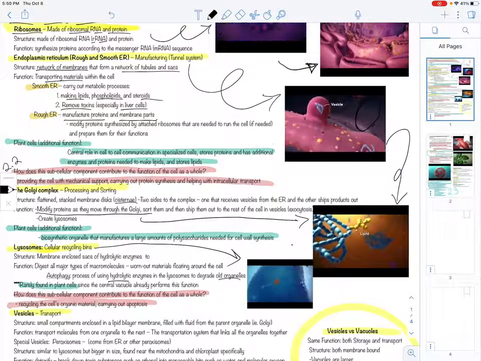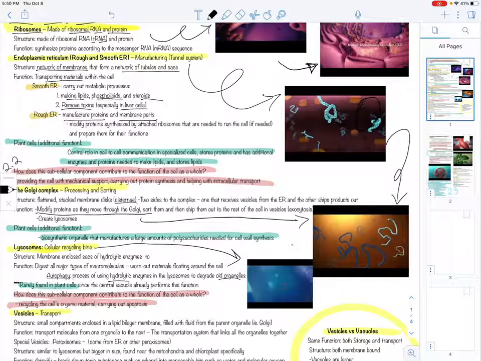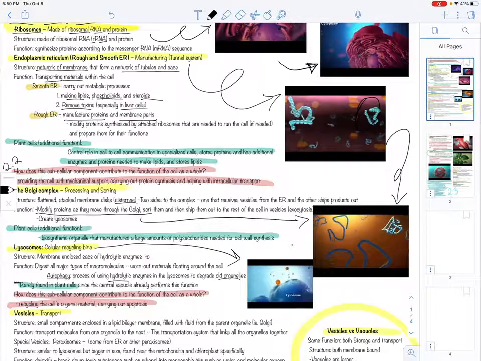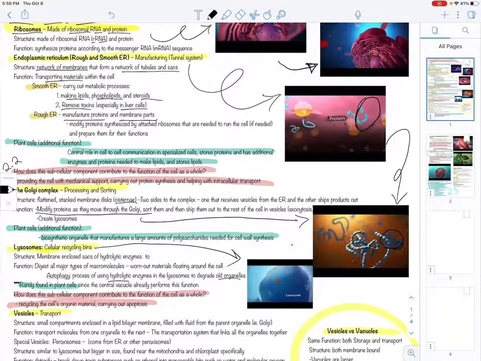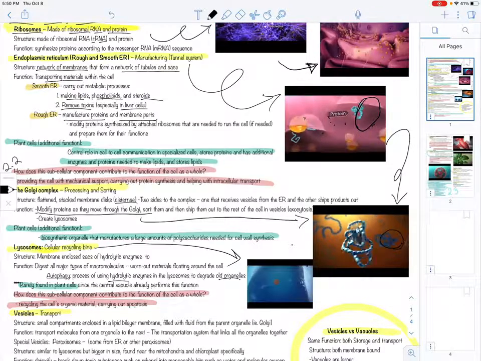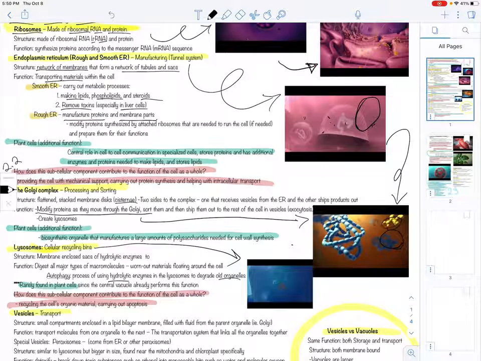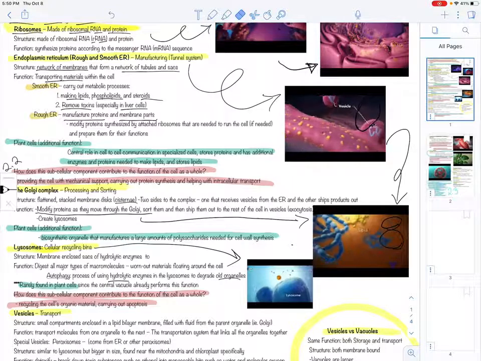Now, within the Golgi body, this is our processing and sorting. The Golgi body, they're going to modify those proteins according to whatever they're going to need to do. So you see right here that it's modifying that protein, shaping it, attaching either a lipid or a carbohydrate depending on what is needed.